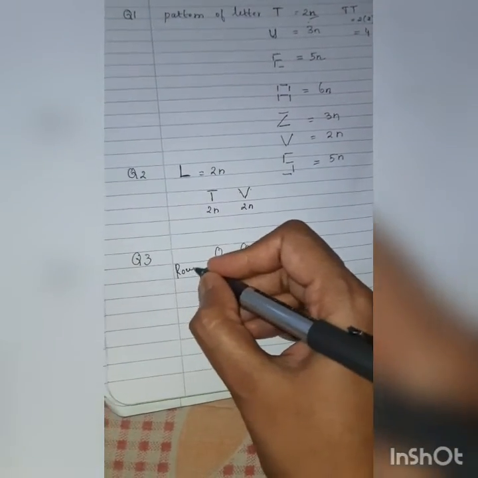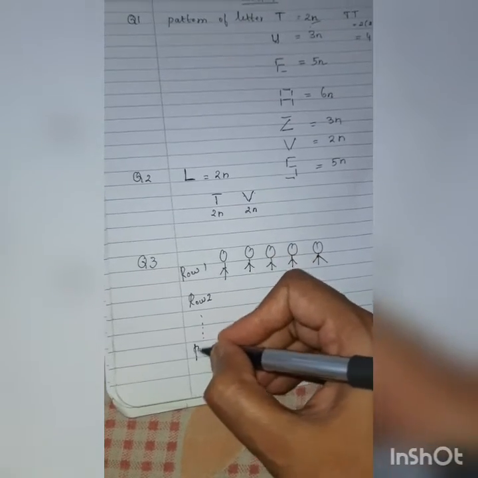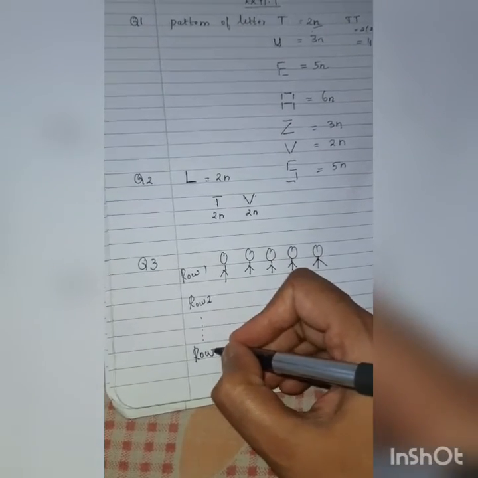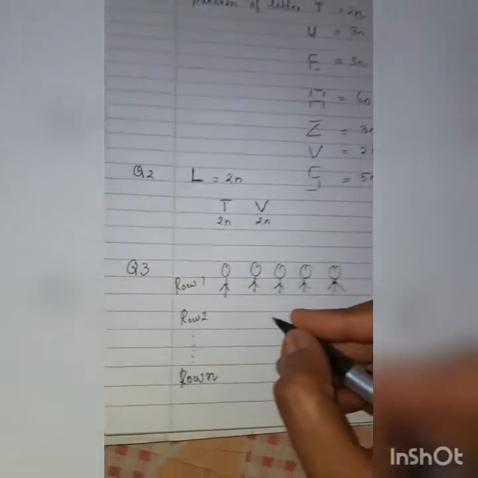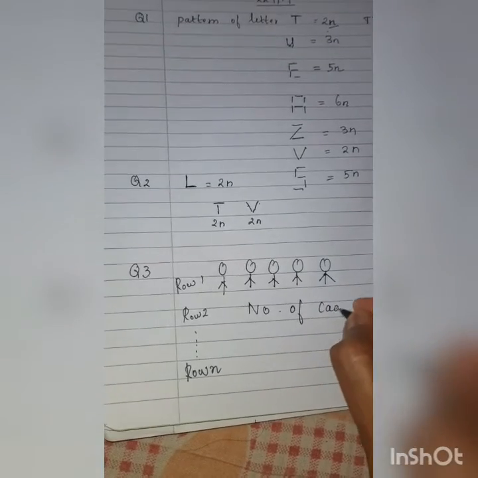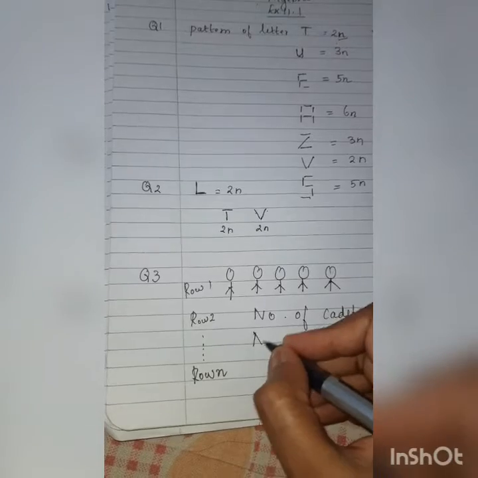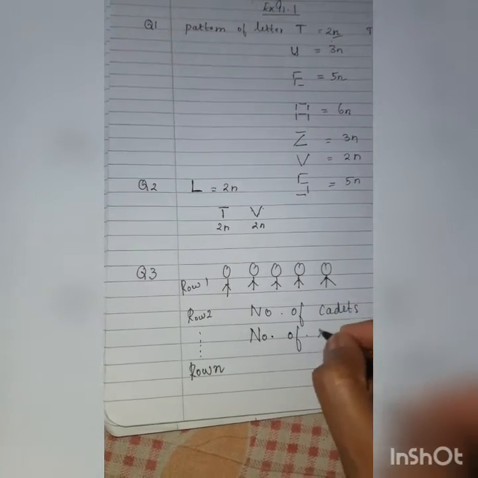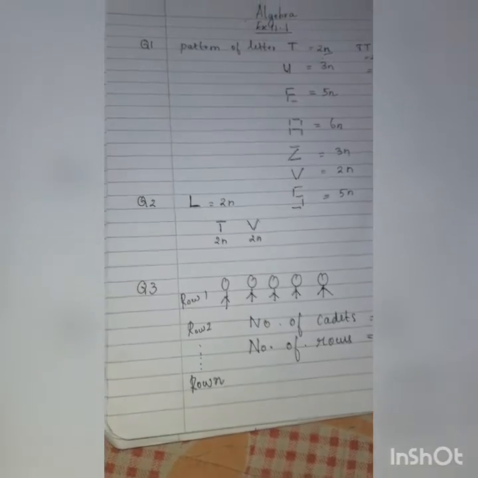So row 1, row 2, it goes on to row n. The number of cadets in a row is 5. The number of rows we don't know, so that's going to be, let's say, a variable n.